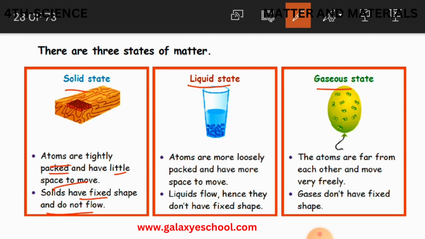So this is about the solid state. Now the liquid state: atoms are more loosely packed and have more space to move. In a liquid like water or milk, it can flow easily.